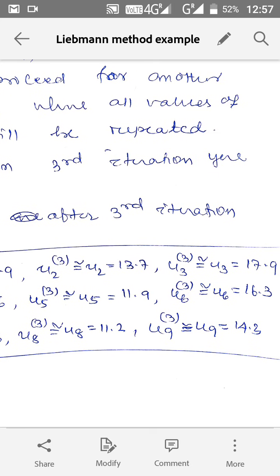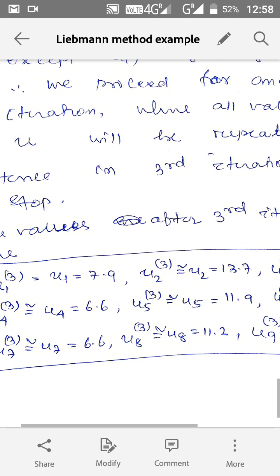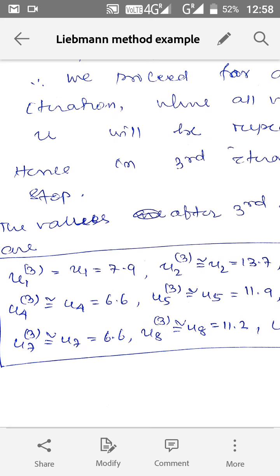So you see the third improved values and the second improved values are equal to each other. The second improved value u1 of 2 is equal to the third improved value u1 of 3. Similarly, the second improved value u2 of 2 is equal to the third improved value u2 of 3, and so on. So we will stop our iteration here. This process is called the Liebmann iteration process.